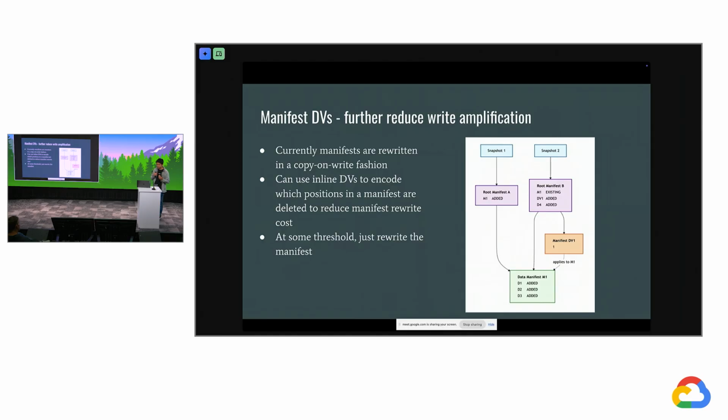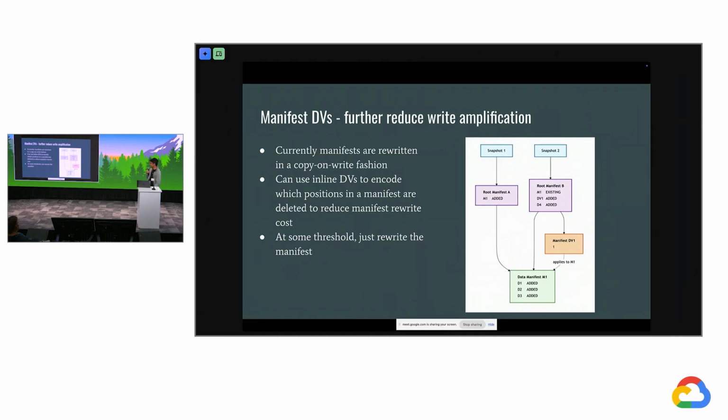You can imagine a linked list of manifests, and that really kills planning, because you don't get any parallelism. If you have to read any files in the leaf manifest, you have to traverse that whole linked list. So that's something we want to avoid. And that requirement drives a lot of the requirements for what can be put in a root manifest or not.